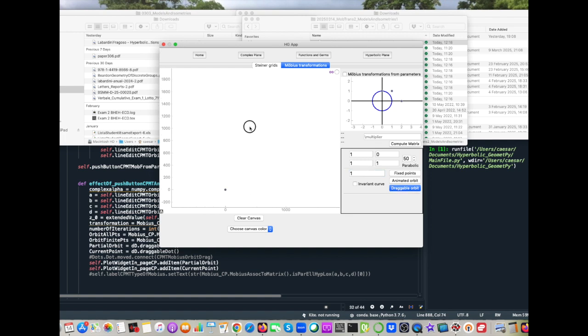Okay. So now, what should the behavior be? The original one was translation to the right by 1, and 1 over z. What does it do?